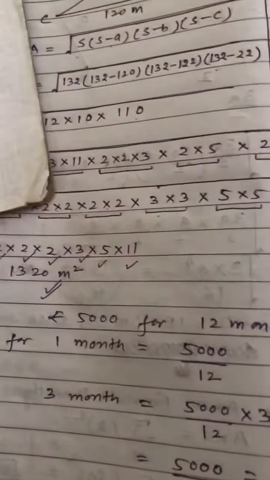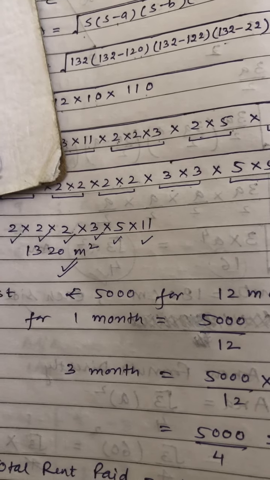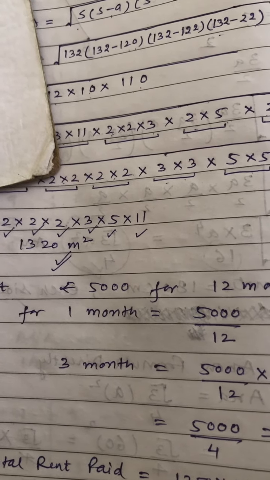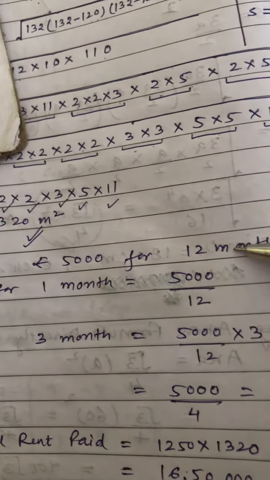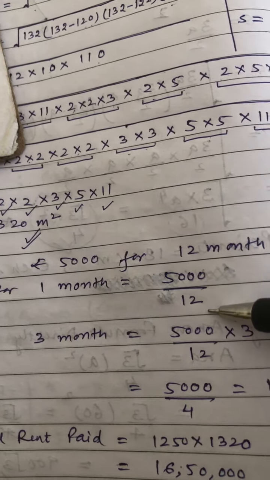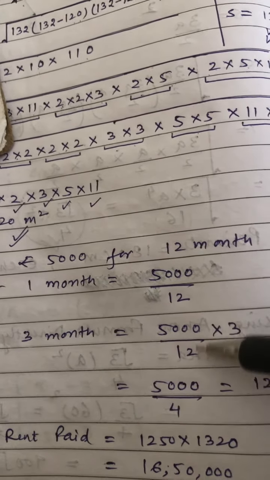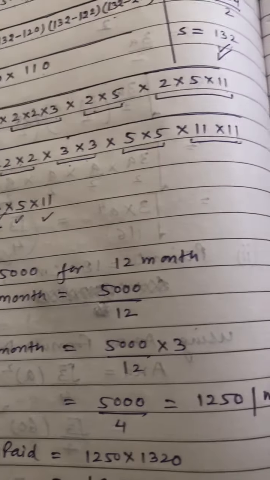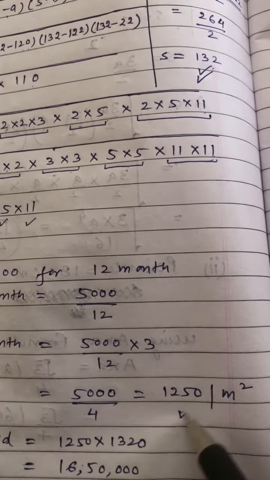Now in the second part of this question, it is given that if we give it on rent, the company gets rupees 5,000 per year. So what is the rent? Rupees 5,000 for 12 months. What will be the rent for 1 month? It will be 5,000 divided by 12. And the rent for 3 months is 5,000 upon 12 into 3, which is 1250.